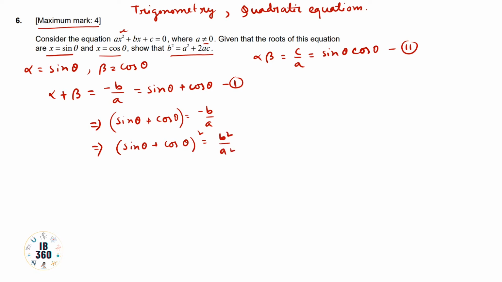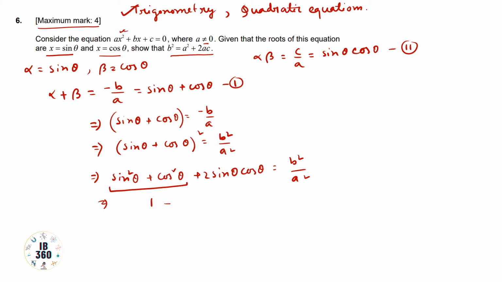So we are getting sine square theta plus cos square theta plus 2 sine theta cos theta equals b square by a square. Now sine square plus cos square becomes 1 from the law of trigonometry.